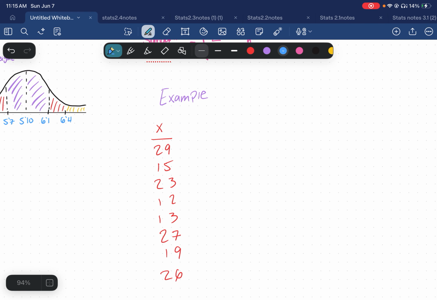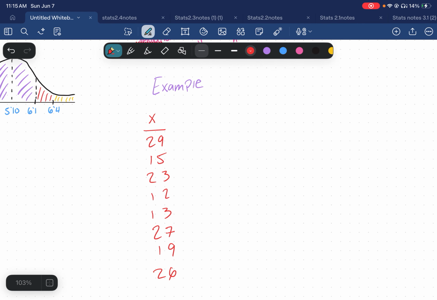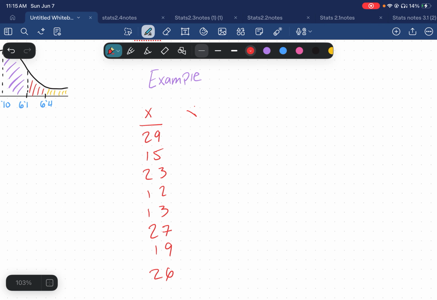So I have a table example. So the first thing we're going to do is just square all the x's. So we already have all the data. So I will have my calculator on the side.